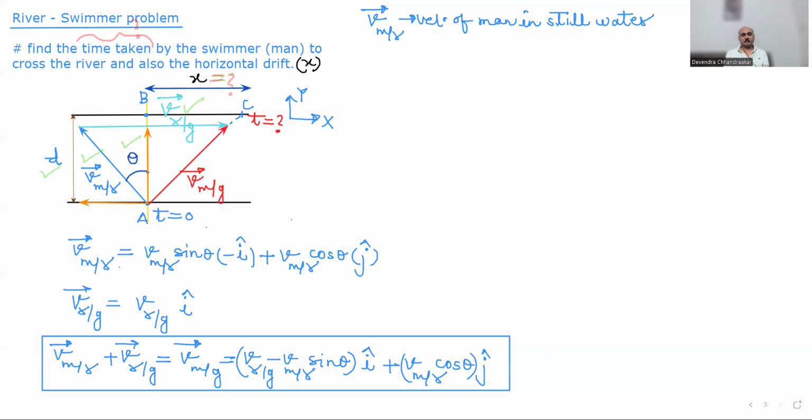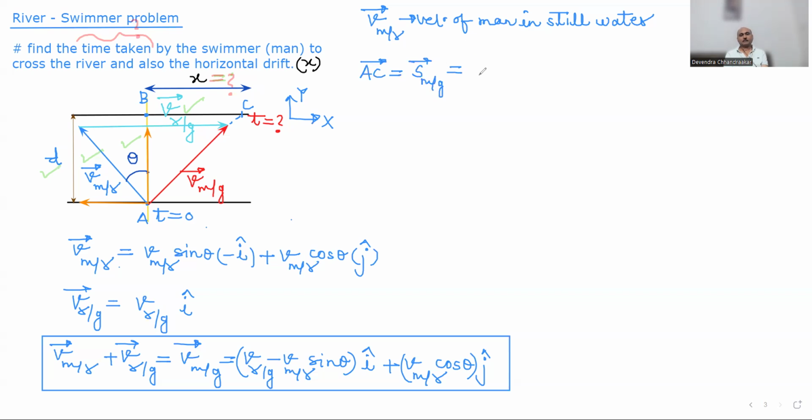So you can understand. Isha, you understood or not? Yes, sir. Now, displacement of man with respect to ground is AC. AC is the displacement of man with respect to ground.